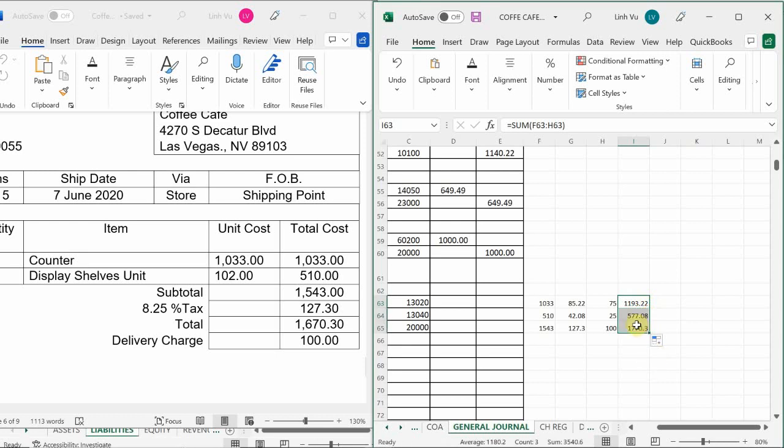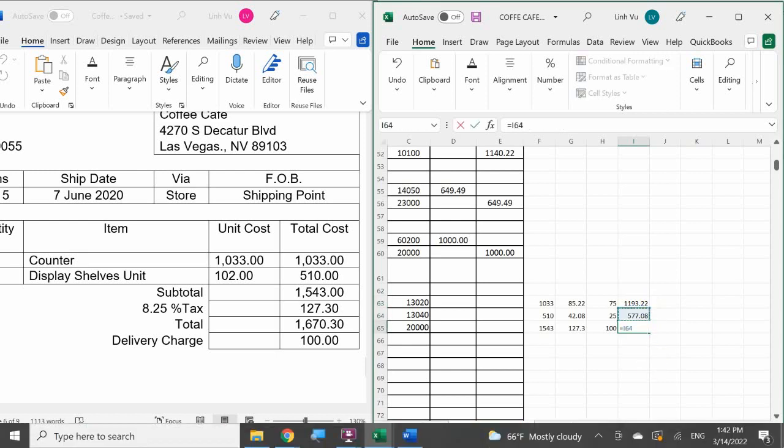Right here, I have $1193.22 for my counter, $577.08 for my display shelves, giving me a grand total of $1770.30, which is my total bill, right?